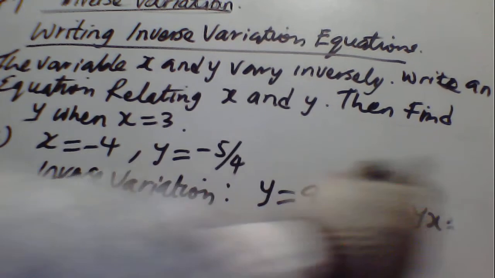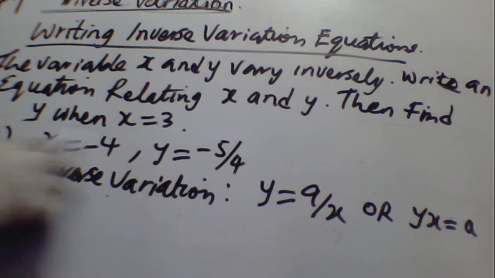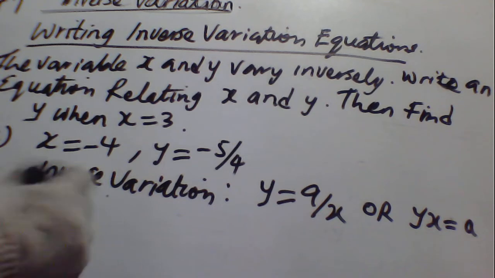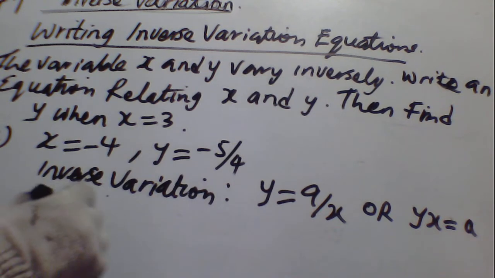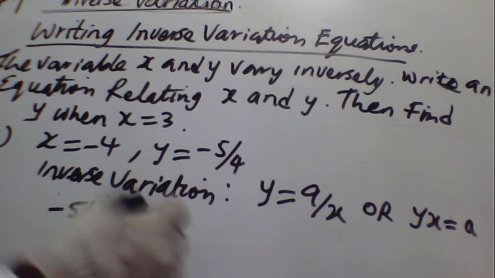So the next step, having known the relationship, that is the inverse variation equation, is to substitute the values of x and y in the equation so that we can get the constant of variation, and then put the value of x in the relationship to find the value of y. So let's proceed. Here we have that y is equals to minus 5 over 4, and we don't know what a is. We know that x is equals to minus 4.